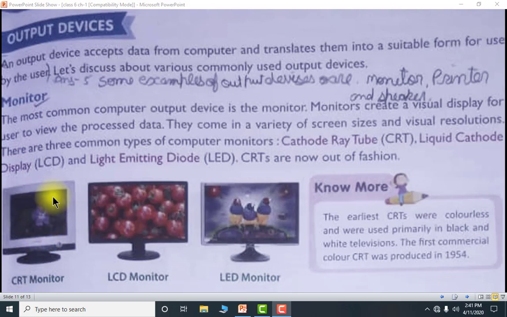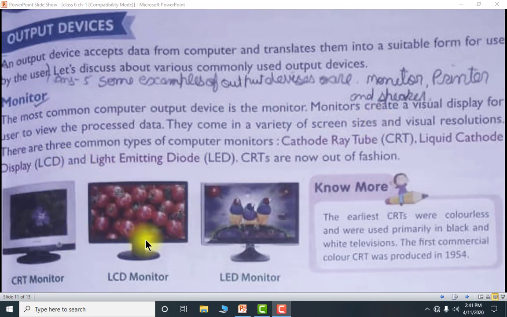I think all of you have seen old televisions that have one big backside; those are called CRT monitors. In the present scenario we have LCD and LED monitors in our homes, offices, and everywhere. These CRT monitors are outdated. Monitors are mainly used to display the output to the user.